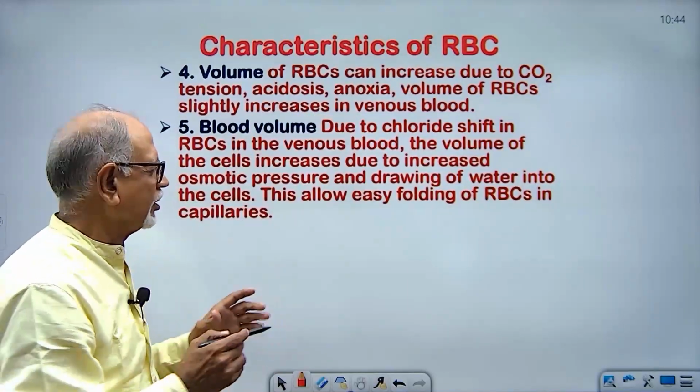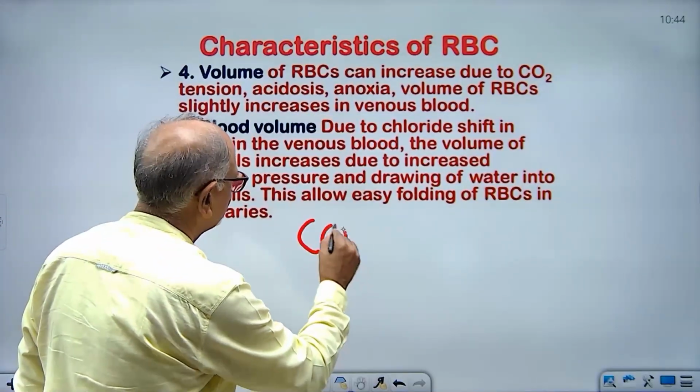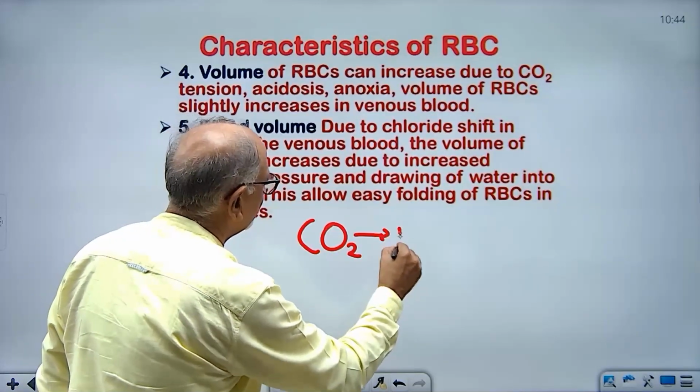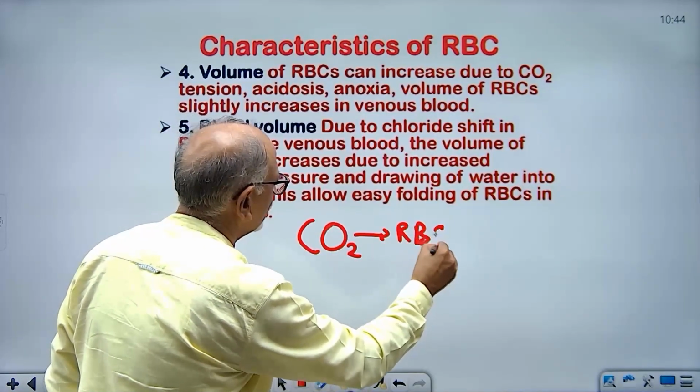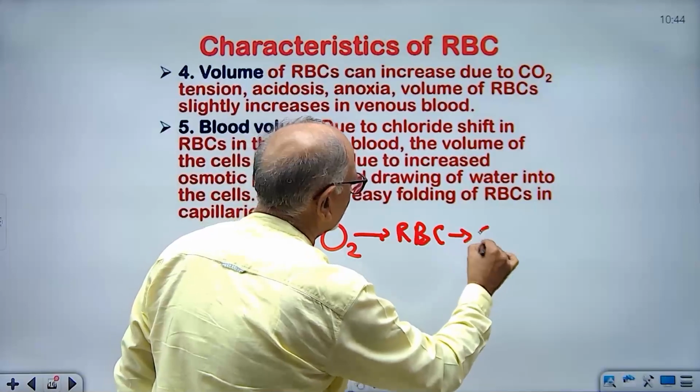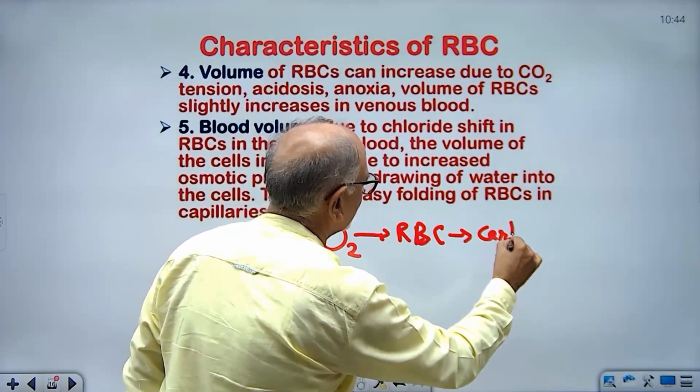As you know, when CO2 enters into RBC, it forms carbonic acid.